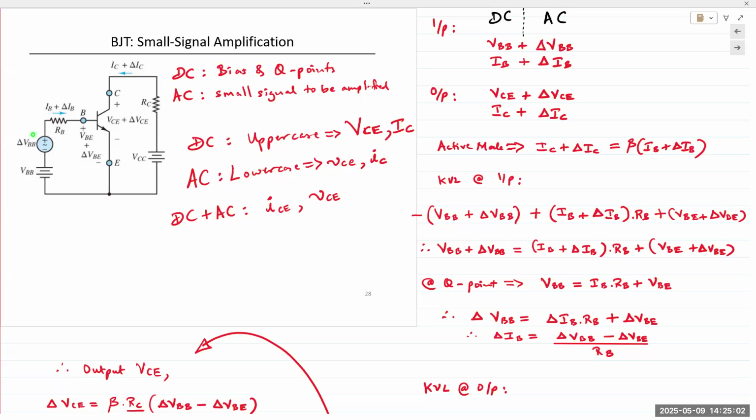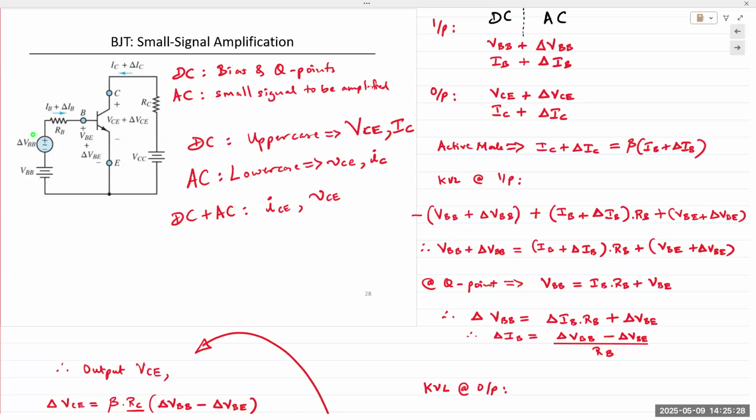Now, having said that, not all authors follow this convention. In our book, the author is representing any change in the applied voltage or current as a delta, just to show that it's varying or changing. There's a change in the input voltage, the output voltage, input current, output current.